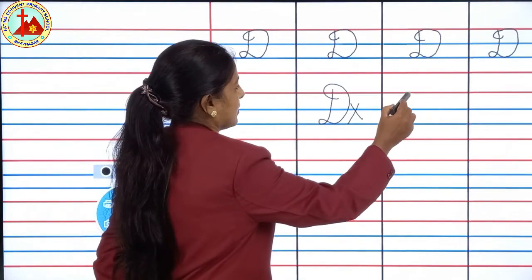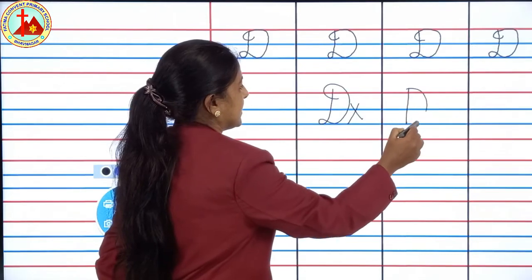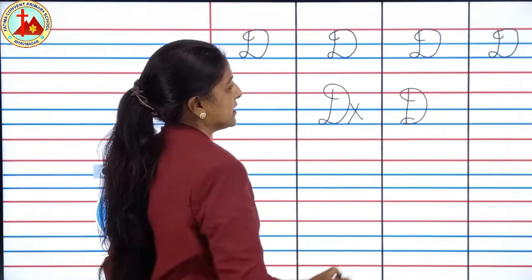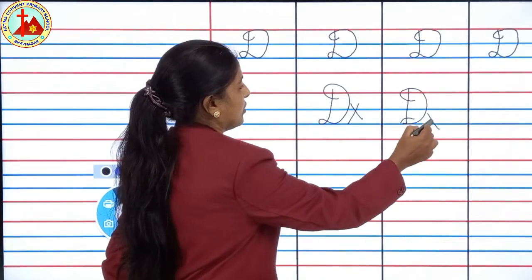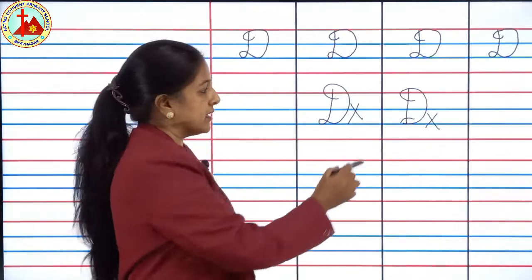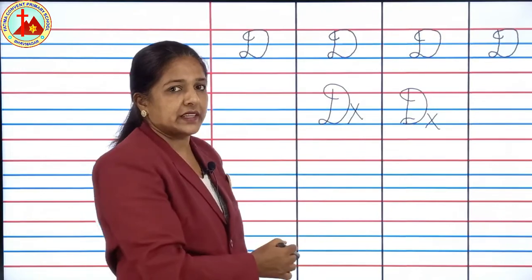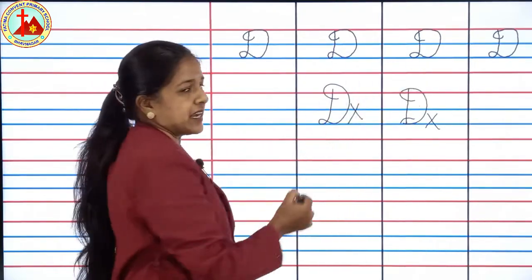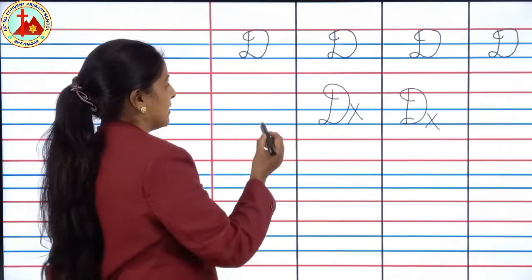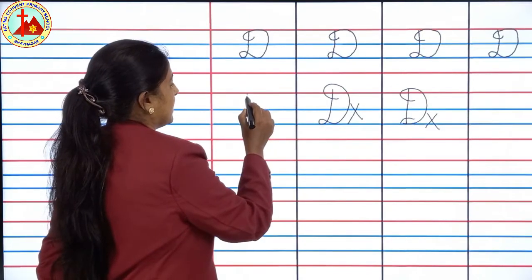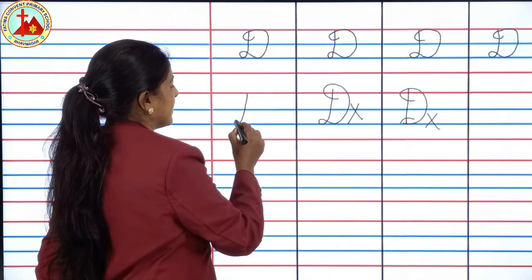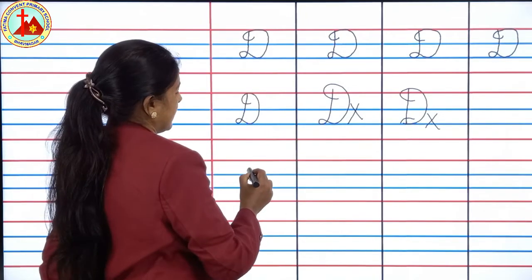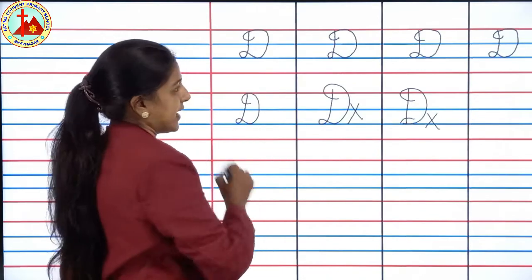Or if first you do like this, then like this, that is also wrong. These both methods are wrong. You have to follow the first line how Miss has written. Cursive capital D, like this. This is the right method.